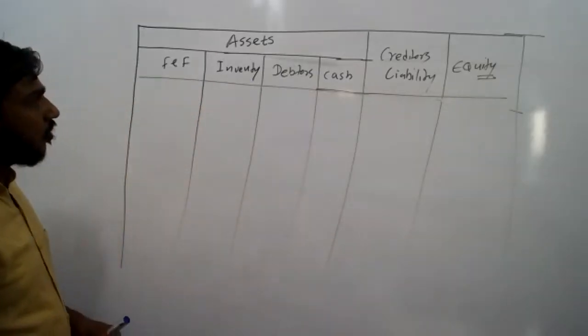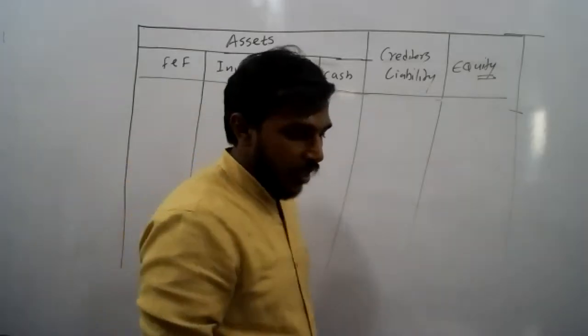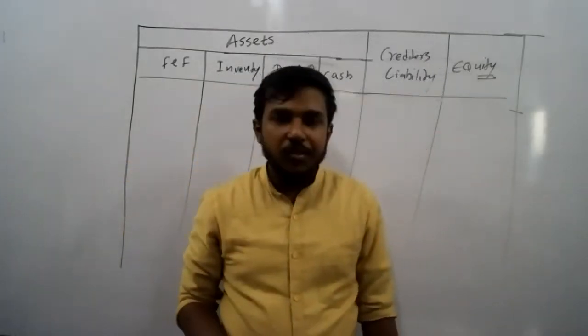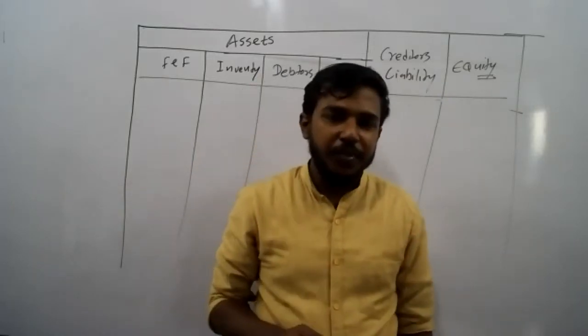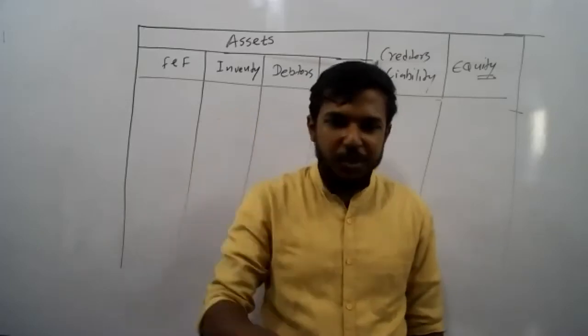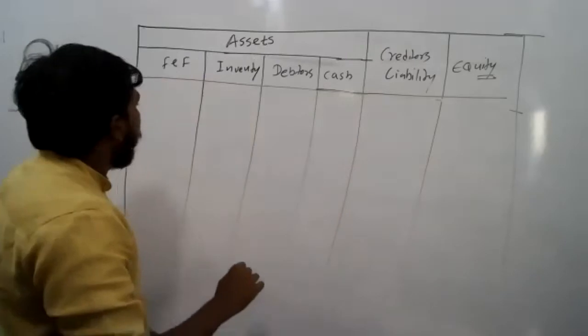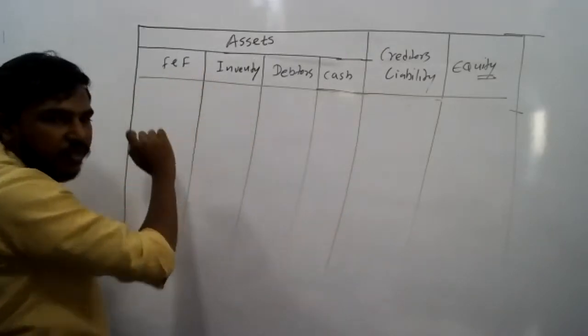Right. So now, what is so important is, in this kind of accounting equation, in any type of accounting equation, first you have to be careful about how much the beginning furniture and fittings was.